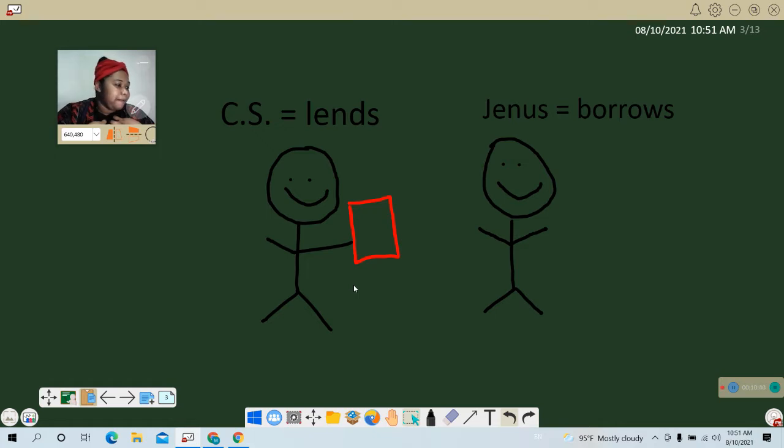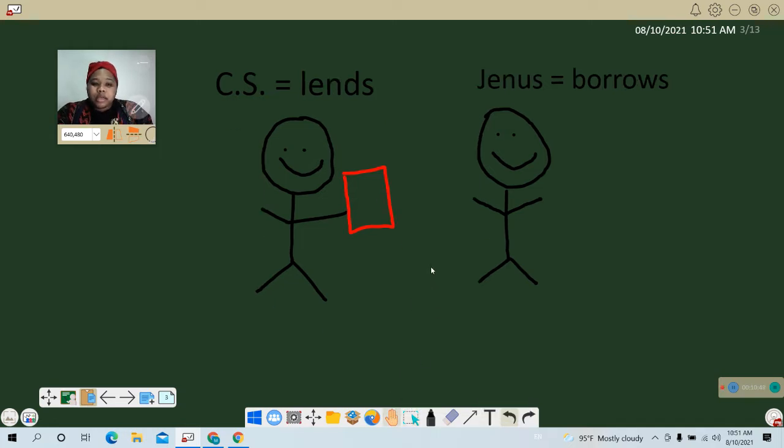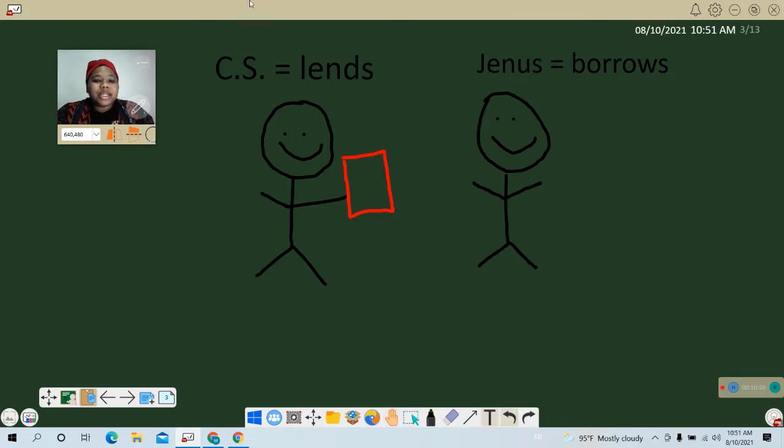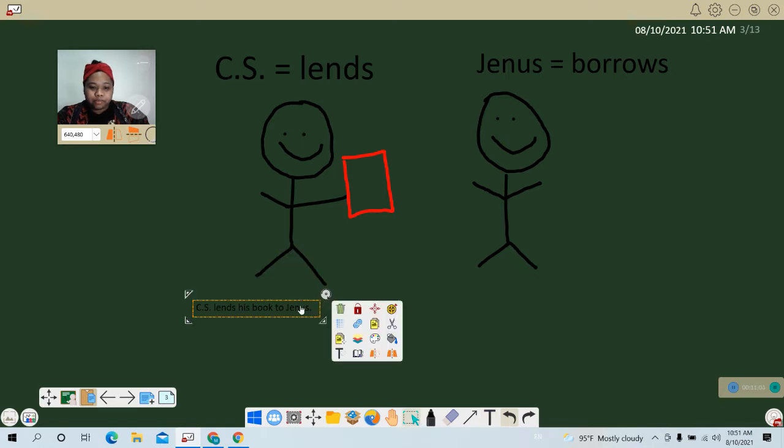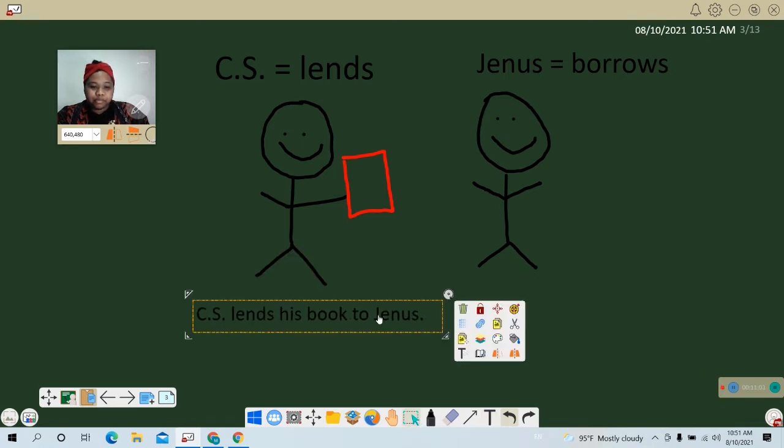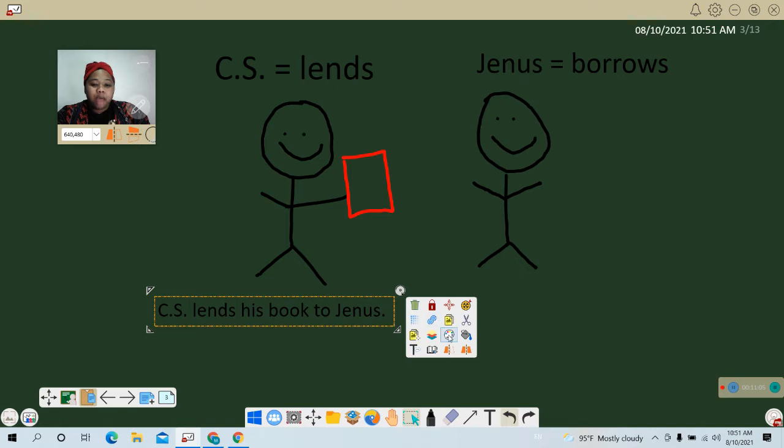So the sentence here will be CS lends his book to Janus. Lends, not borrows.